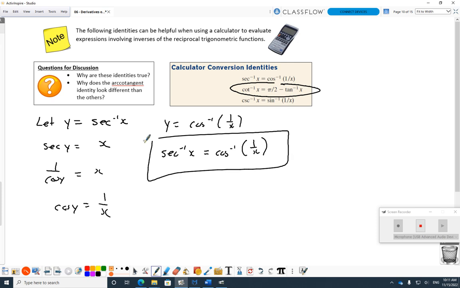I wrote it all down at once, just in case that bell goes on me. I don't think it's going to, but just in case it does.